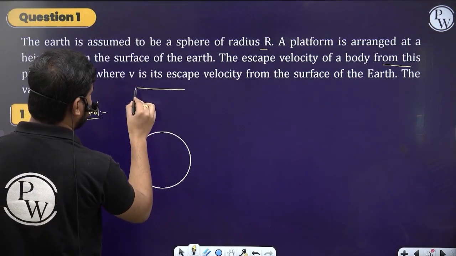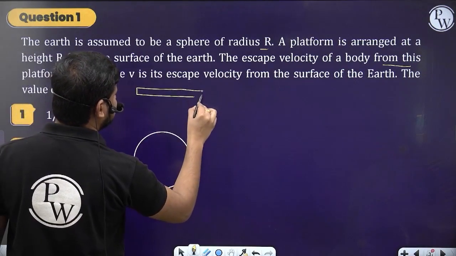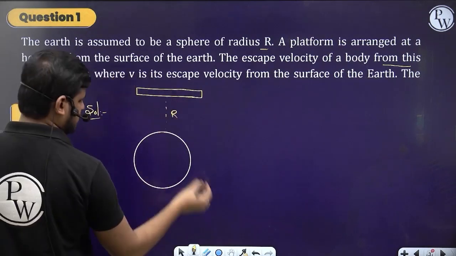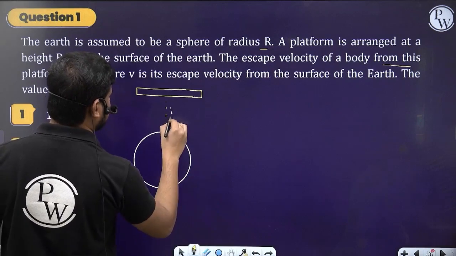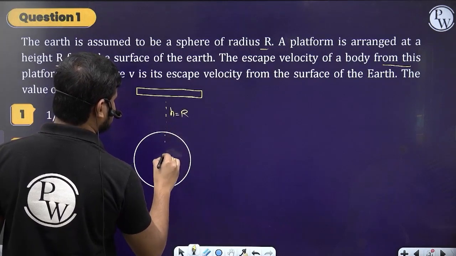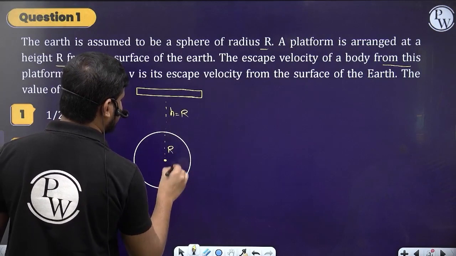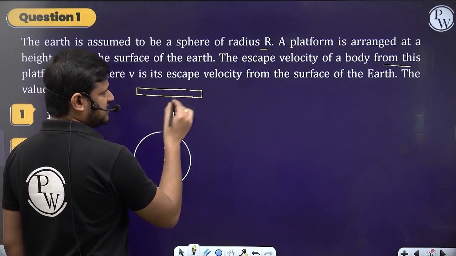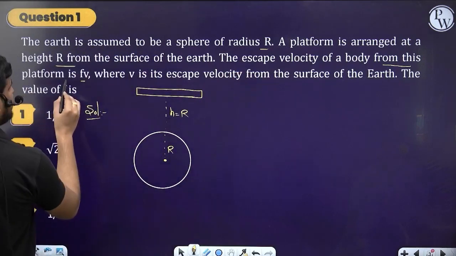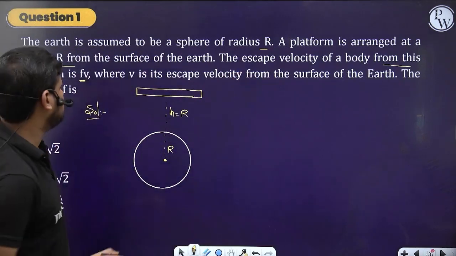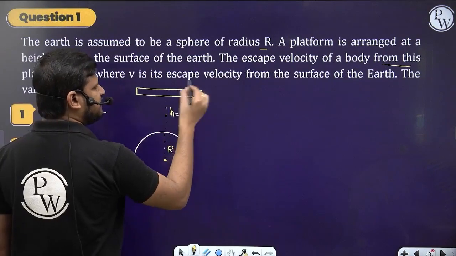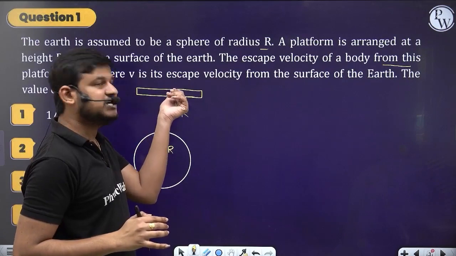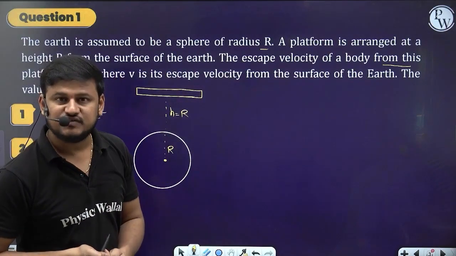So this h is equal to R, and we already have this distance as the radius of the earth, R. Now if you throw an object, the escape velocity of a body from this platform is Fv. That means if you throw the body from here, it should escape the gravitational field of the earth.